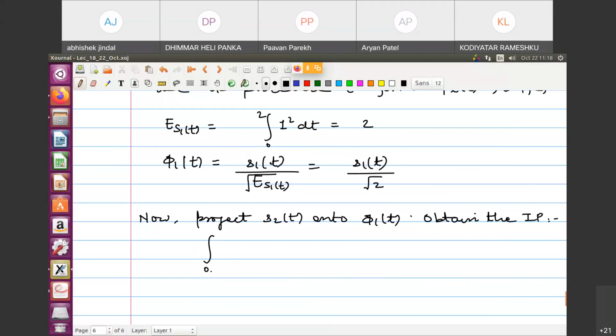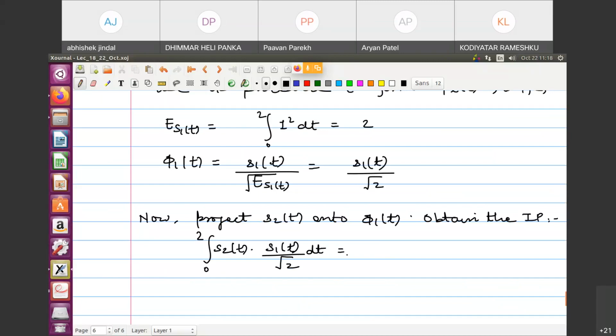Let us see S2(t) and phi_1(t). Phi_1(t) is defined from 0 to 2 and S2(t) is defined from 0 to 2. So both are defined from 0 to 2, so let us do 0 to 2 of S2(t) into S1(t) divided by root 2 dt.